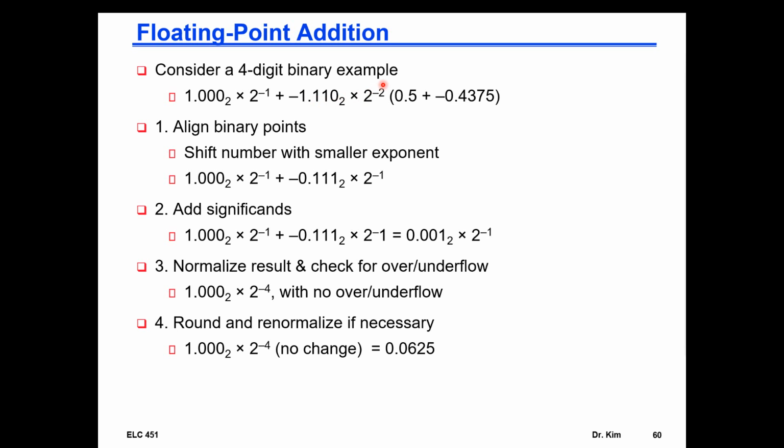That turns out to be 0.5 plus minus 0.4375. If we want to do addition, what we must do is align the binary points, or the radix points, and what we do is shift the number with the smaller exponent.